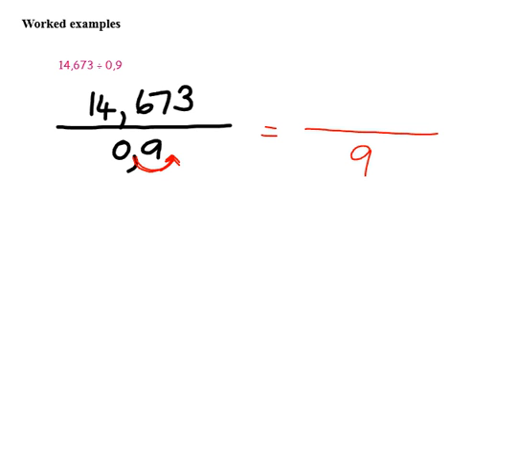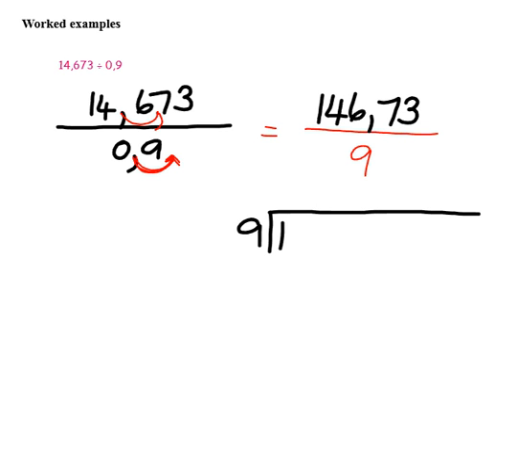And if I move the comma one place to the right in the denominator, I must move the comma one place to the right in the numerator. So over here, I'm going to get 146,73, and I will say 9 into 146,73. Prepare your fraction. So if I have a comma there, I'm going to put the comma there.